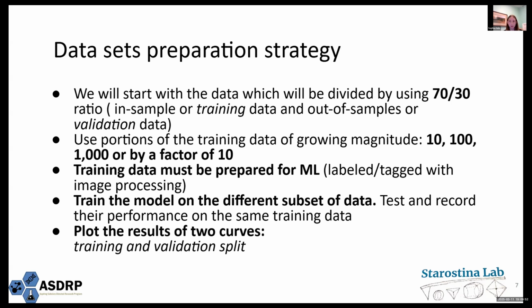We are labeling/tagging our training data for machine learning by using image processing. And we are going to train the model on different subsets of data by testing and recording their performance on the same training data. And then finally, we will plot the results.